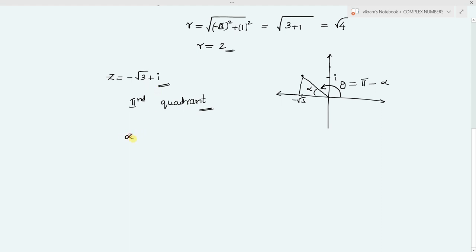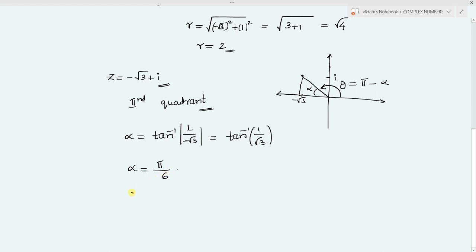Then alpha equals tan inverse of the modulus of the imaginary part by the real part, that means 1 by root 3, which is tan inverse of 1 by root 3. That angle is 30 degrees, which we can write as pi by 6.